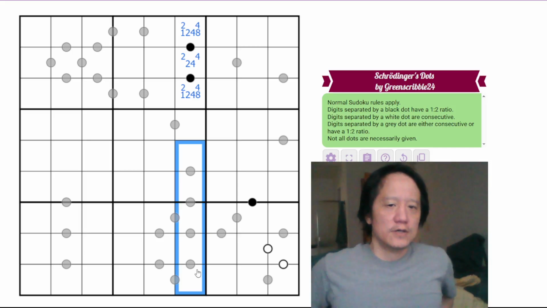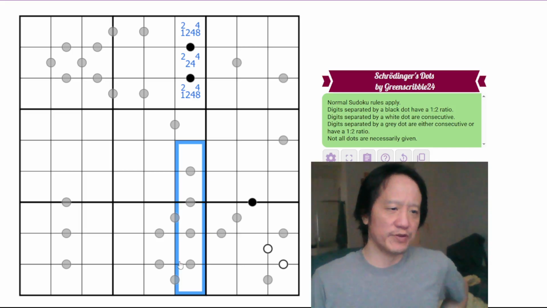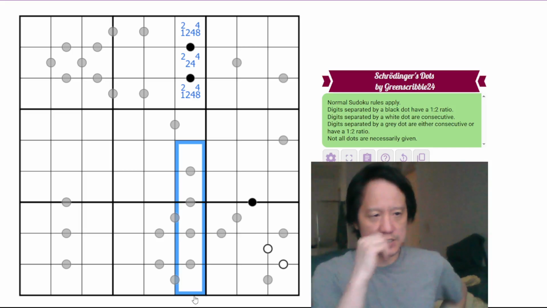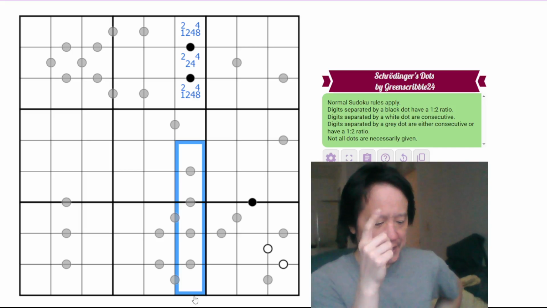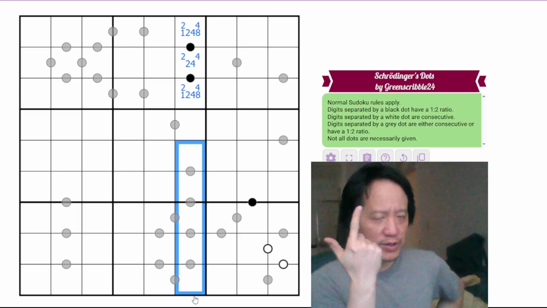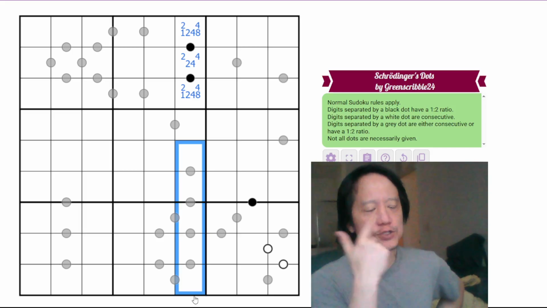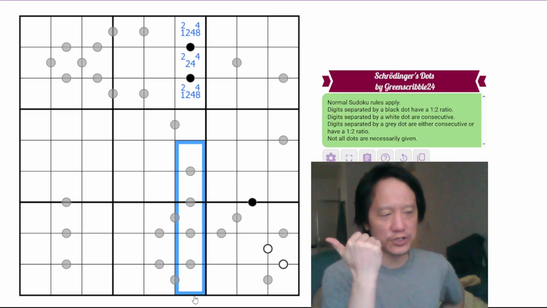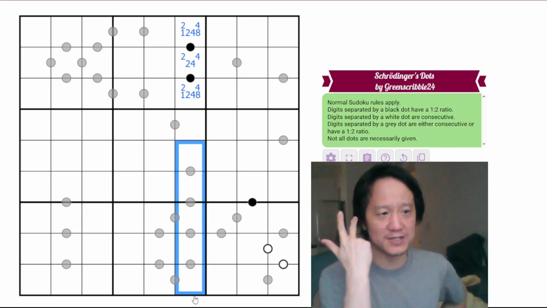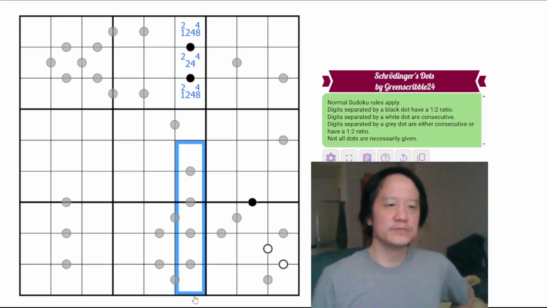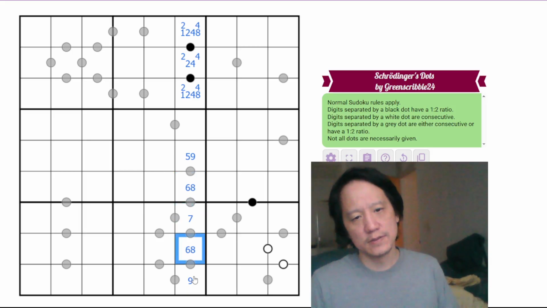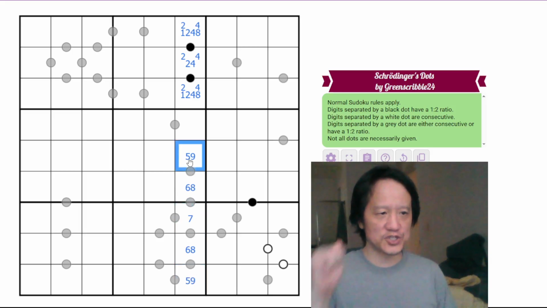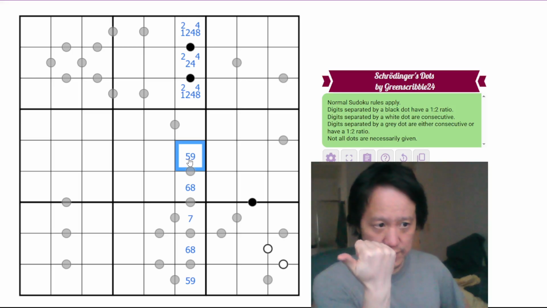Okay. So the possible combinations then would be 5, 6, 7, 8, 9, as if they're all consecutive. If there is a 1 to 2 ratio, it must be with 3 and 6. And 3 has to be at the end, because 3 is consecutive with only 2 or 4, and it's in a 1 to 2 ratio with only 6. So this is either 5, 6, 7, 8, and 9 going both ways, or it's 3 with 6.